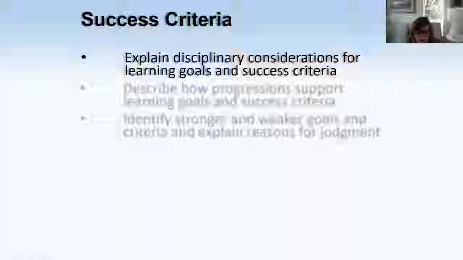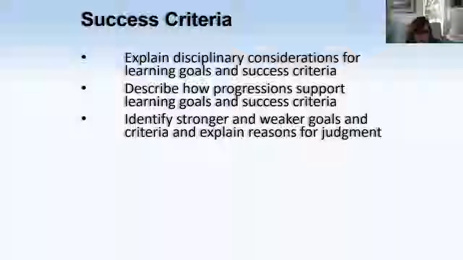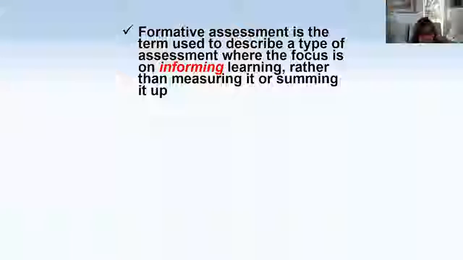So any of your colleagues who aren't here today, you can tell them what that is. Be able to describe to them how progressions support learning goals and success criteria. And then in our final segment of the webinar, be able to use this knowledge to identify stronger and weaker goals, and then say why you think they're stronger or weaker goals and criteria. So that's our guide for today.